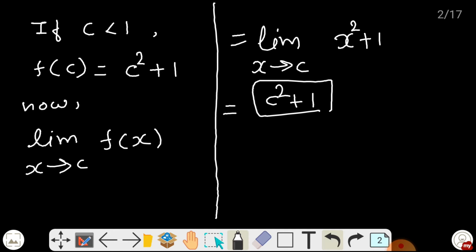So here, as you can see, both our function value and limit are equal.